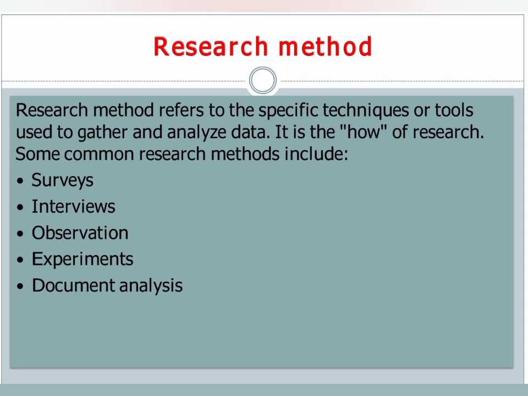All those methods which are used by a researcher during the course of studying his research problem are termed as a research method. So it only tells about the how of research, right? How the data is collected, either through interviews or surveys or schedules or through secondary data collection. So it denotes the how of the research.